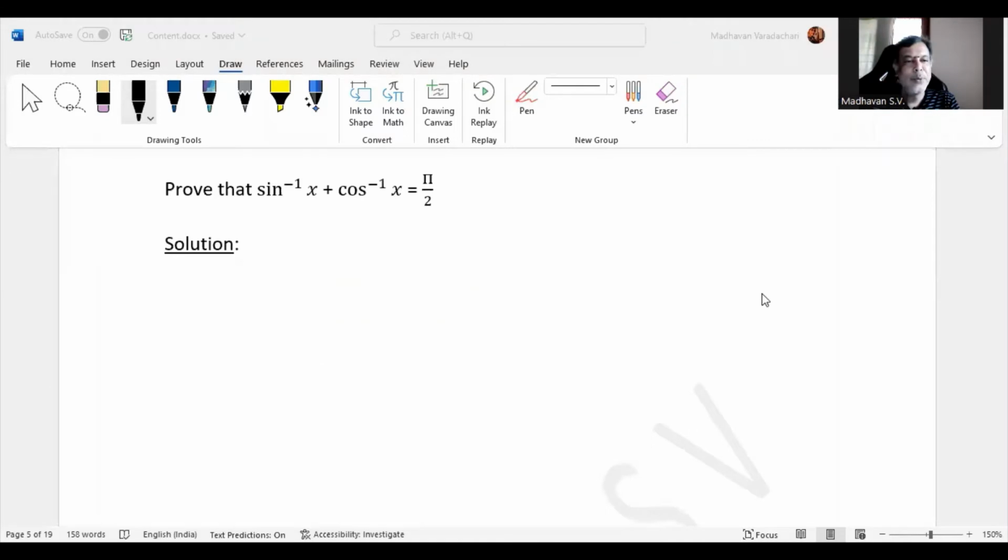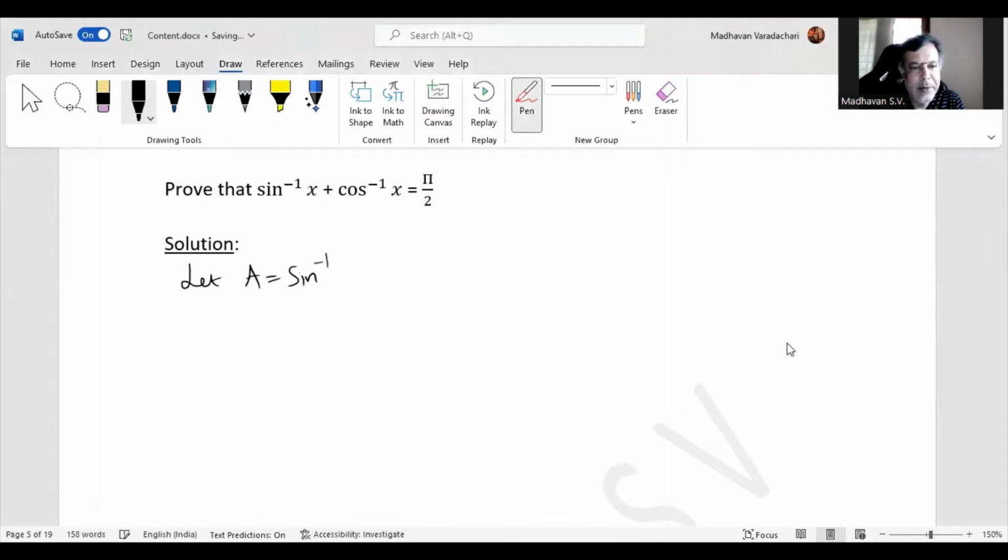Here we prove that sine inverse of x plus cos inverse of x is pi by 2. So let us assume A is equal to sine inverse of x, which means sine A is equal to x. Let B be equal to cos inverse of x, which means cos B equals x.